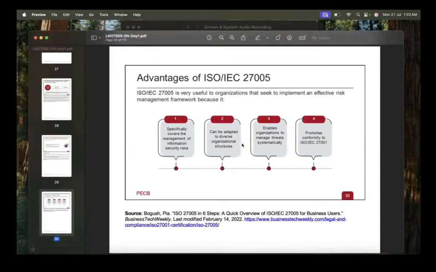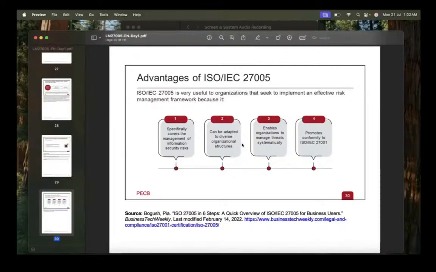Then it can be adapted to diverse organizational structures. As we have discussed before, it can be adopted by any type of company, any type of organization, whether it is small in size or of a different type. So it can be adapted to diverse structures.